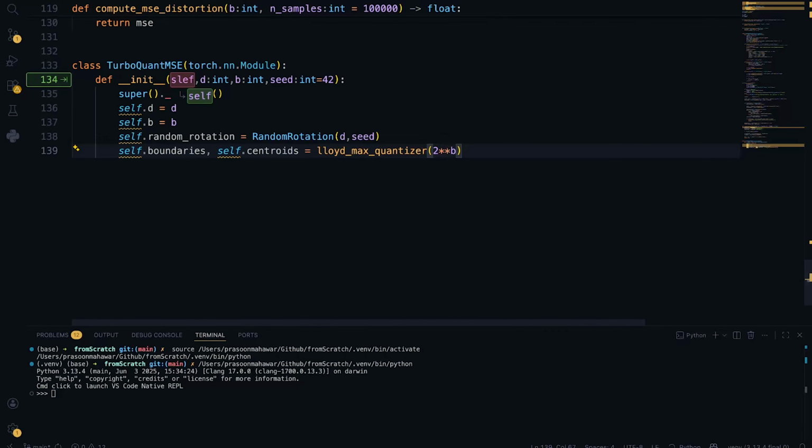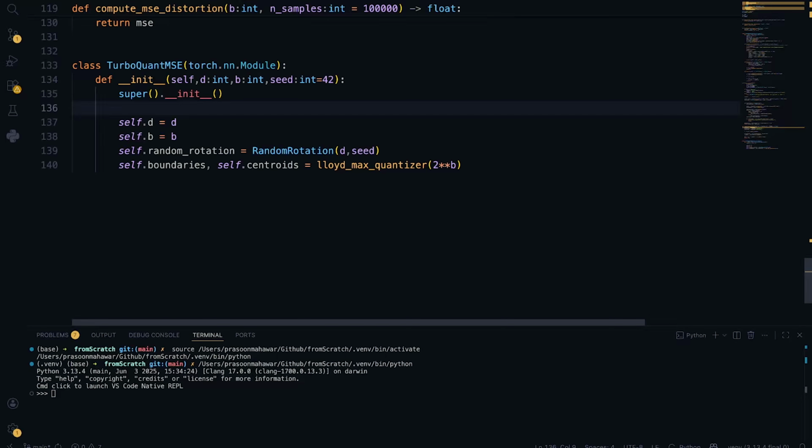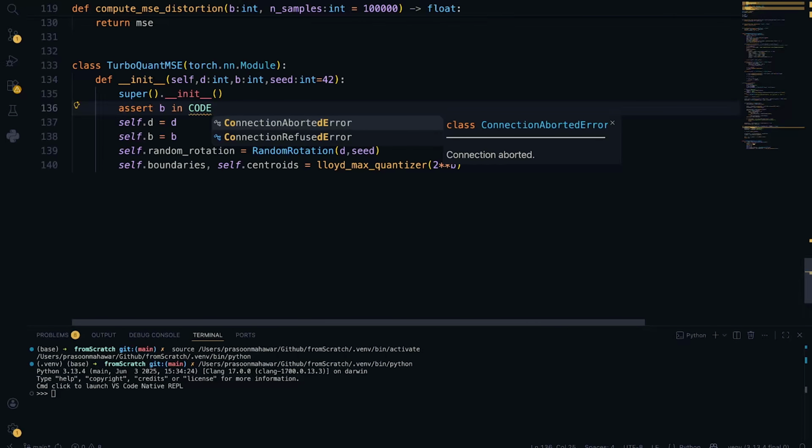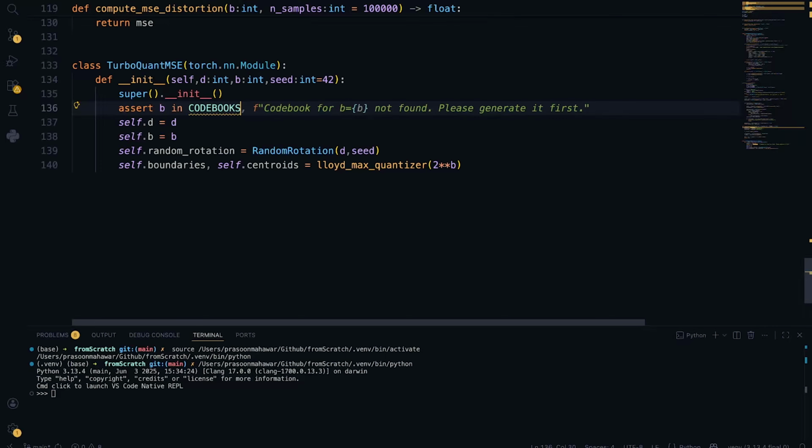This will call the init method of the superclass, and it will assert b in codebooks, and we will return a message: please generate one if the codebook for b is not found.